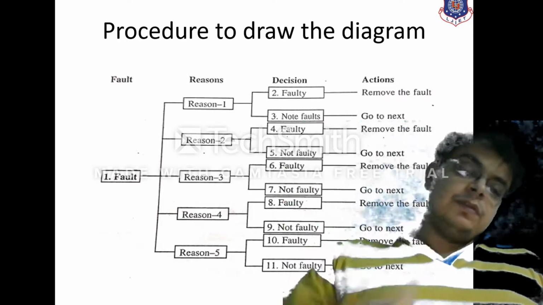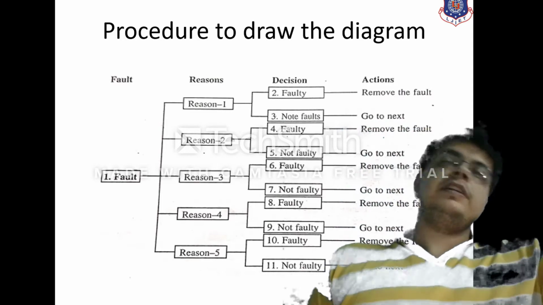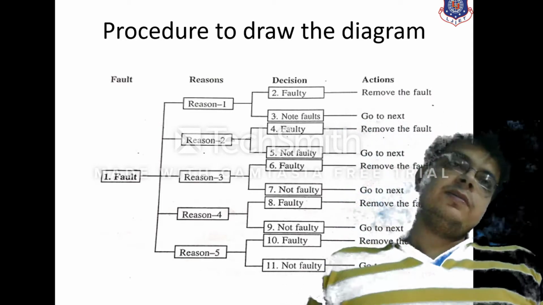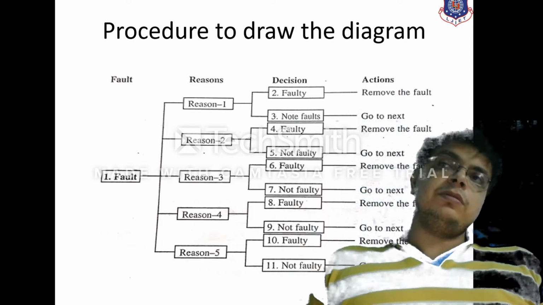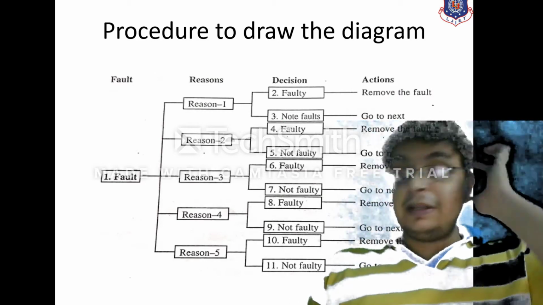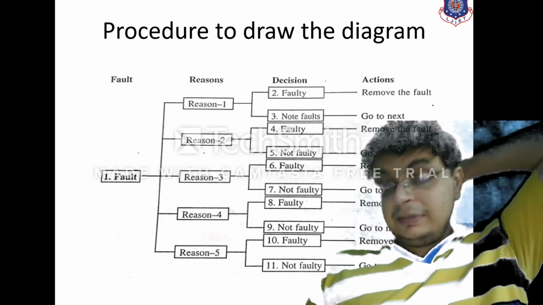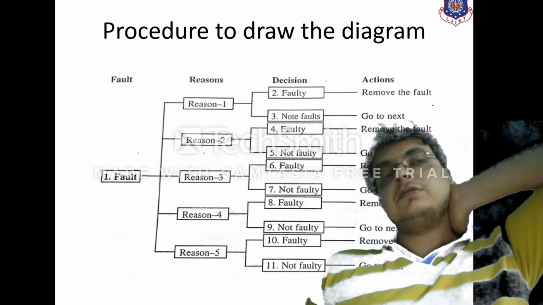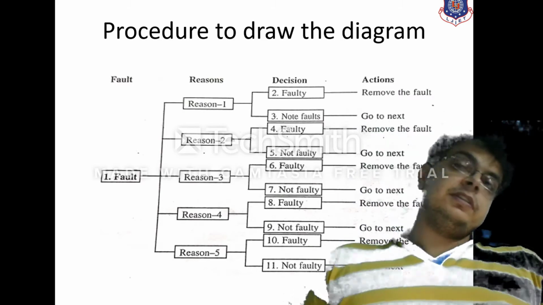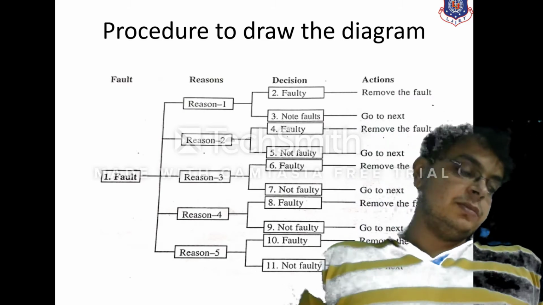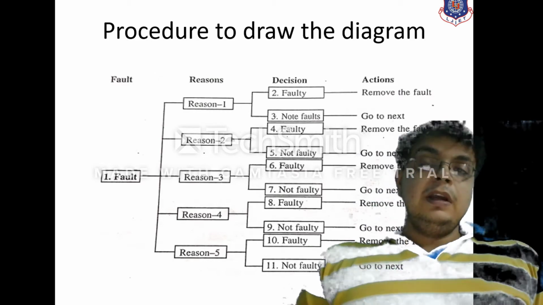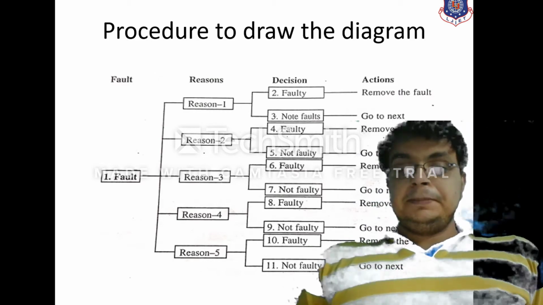Similarly, all the reasons should be checked for faulty and non-faulty. Where it is faulty, it is necessary to remove the fault, and where it is not faulty, we write go to the next.